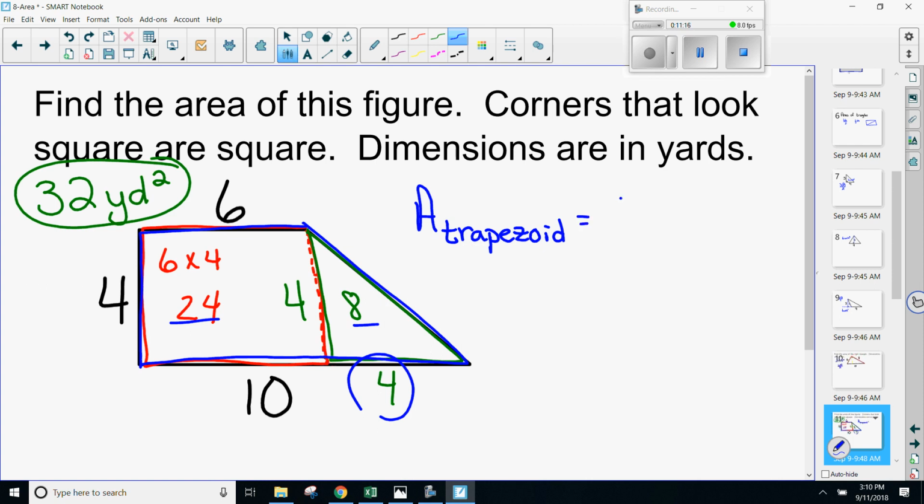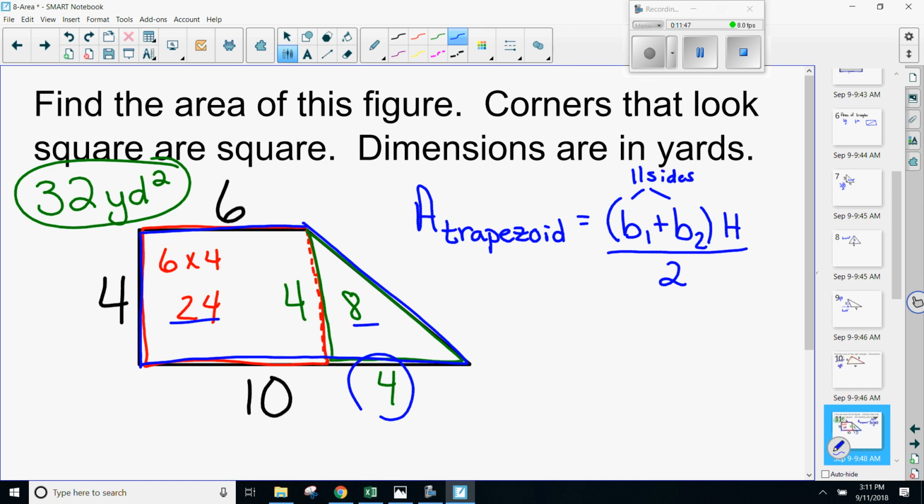It's equal to base 1 plus base 2 times the height divided by 2. What are your bases? These are the parallel sides that exist. You are correct. They are 10 and 6.